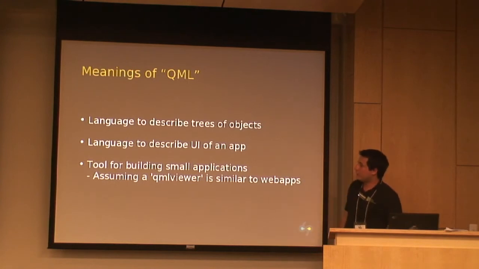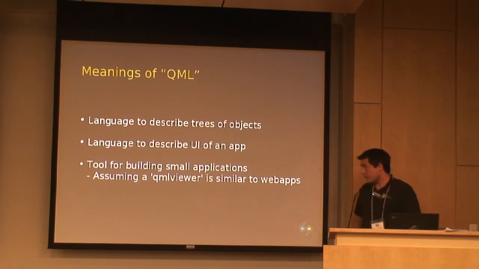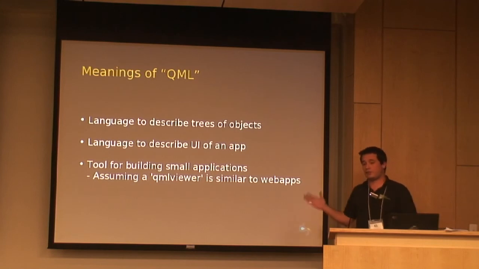But you can also think of QML as a tool for building small applications. Since it has local storage, scripting support, and so on, all your code could be inside a QML file or a set of QML files and the logic in ECMAScript, assuming that you have software like this QML viewer that will load the files.